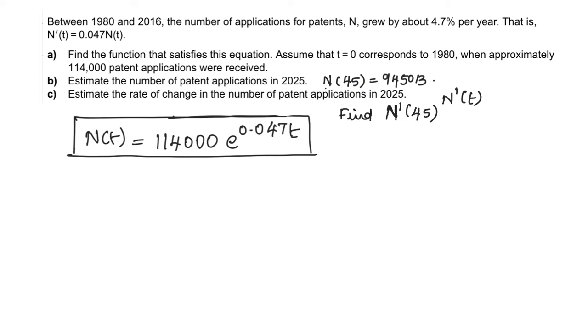But you can see that we already have N'(t) here, so we can directly substitute 45 here. Or if you want, you can take the derivative of that. You will end up with the same function, then substitute. Both will lead you to the same answer. I'm going to use the previous equation because then I will have less work.